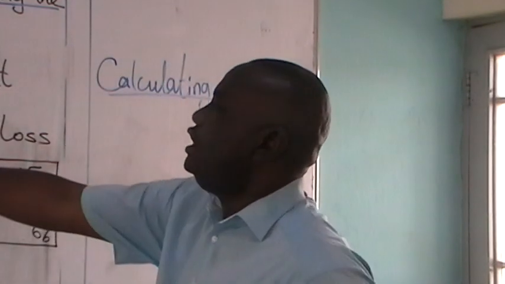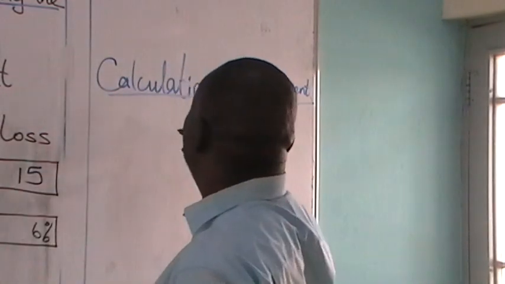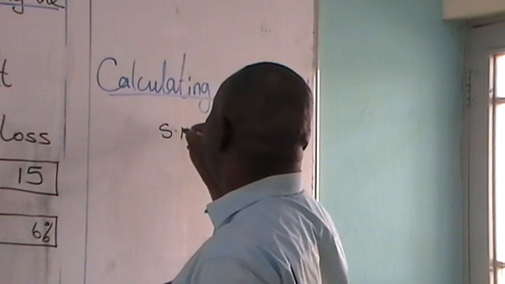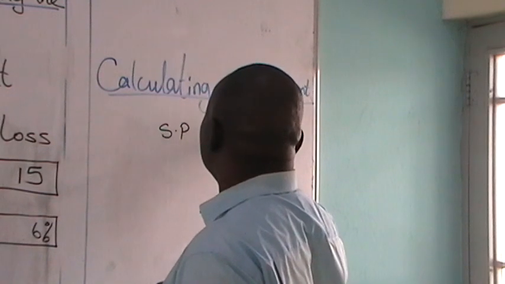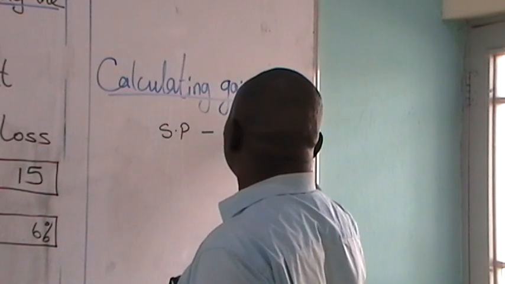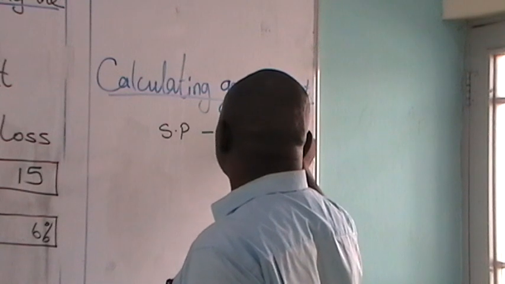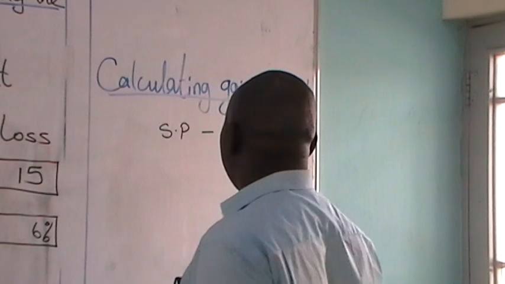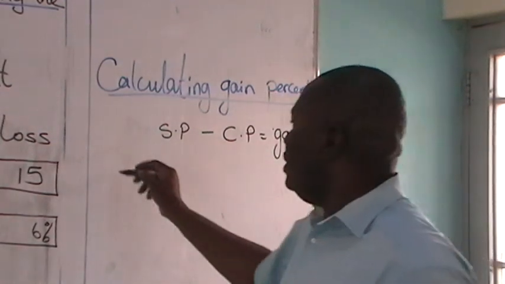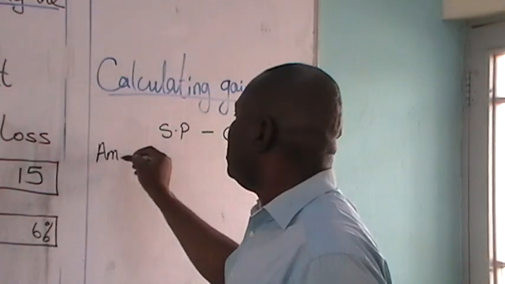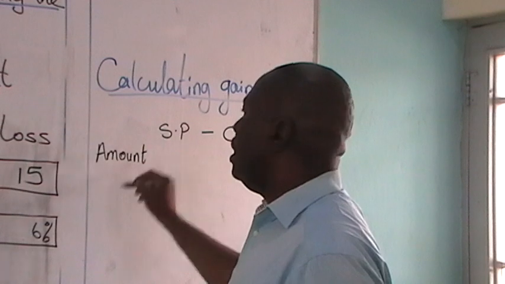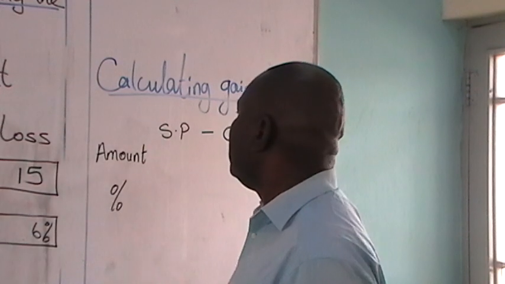So instead of cost price, here you have your selling price minus cost price, which is equal to gain. You still have your amount here and your percentage here.